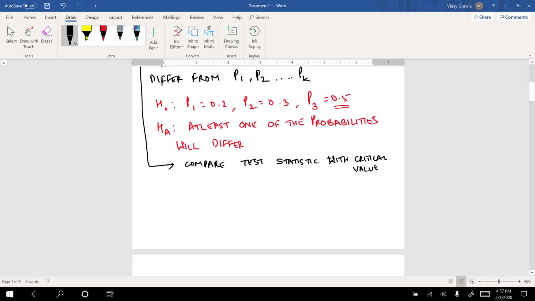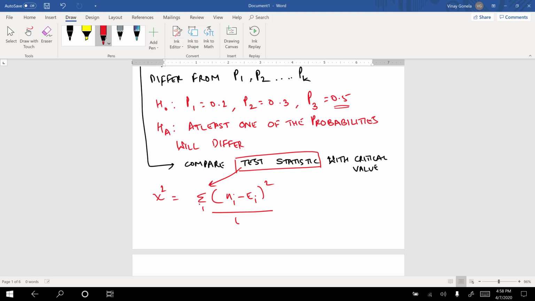In chi-square distribution, the test statistic is represented by the chi-square value, which is given by the summation over i of (ni minus ei) whole square divided by ei.